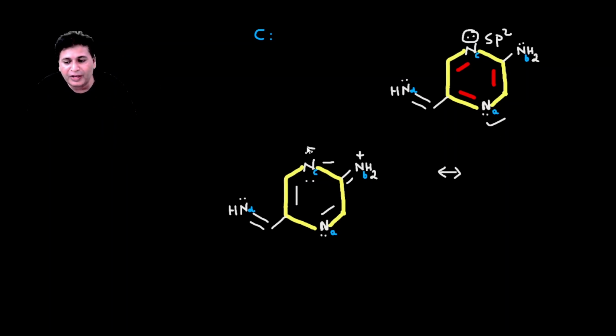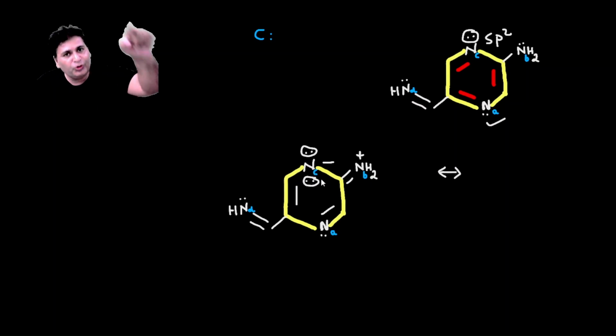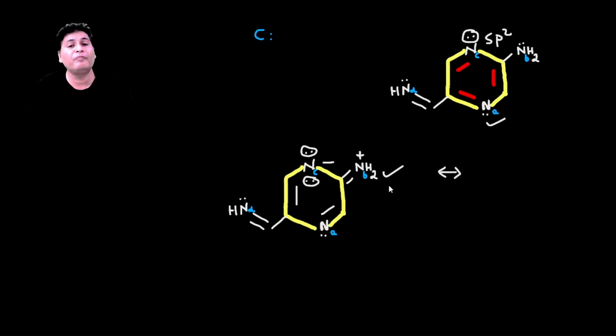So one lone pair was already there, and one came, as I showed in the previous slide, because of the conjugation of the lone pair of B with the ring. A second lone pair comes on the C. So altogether the C has got 2 lone pairs now.